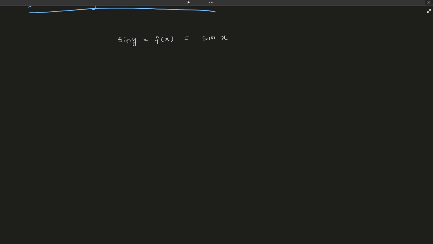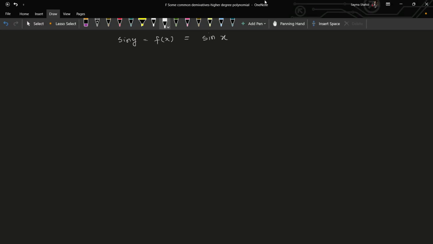Now let me draw a graph. কেমন জানি এখানে weird. আচ্ছা, okay, let me draw a graph.